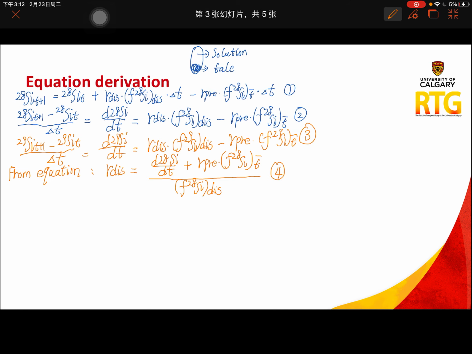And we can substitute the dissolution rate in equation 3 with equation 4.